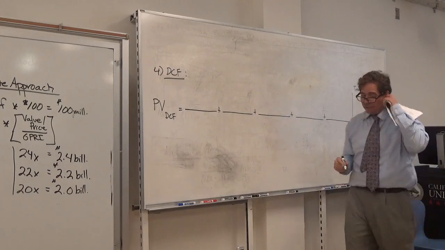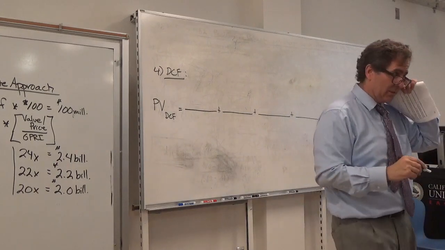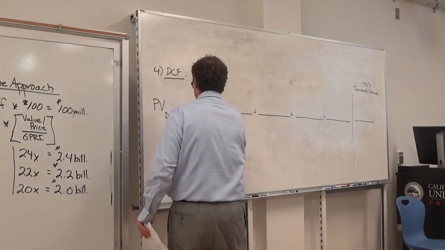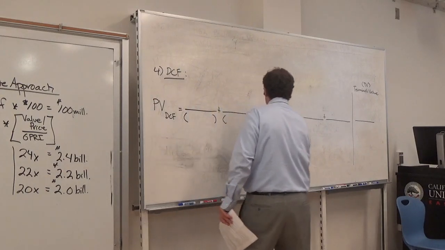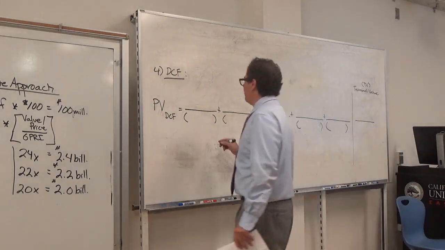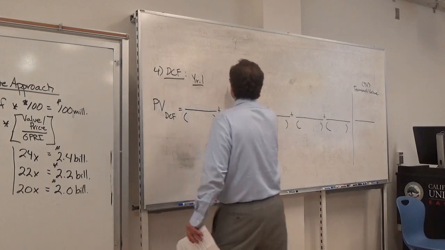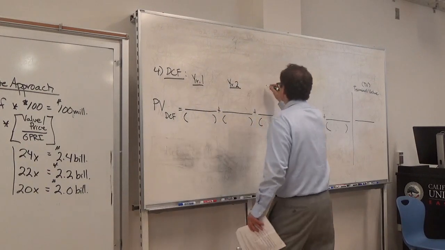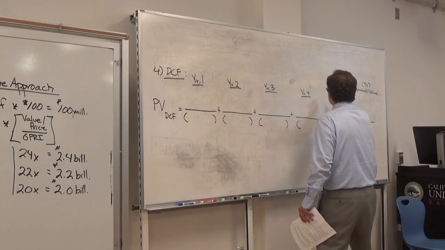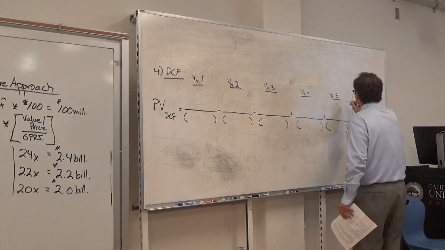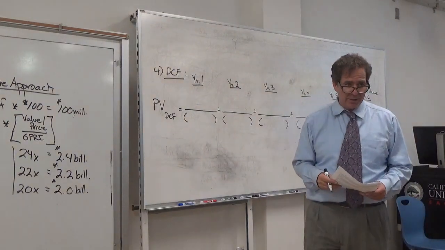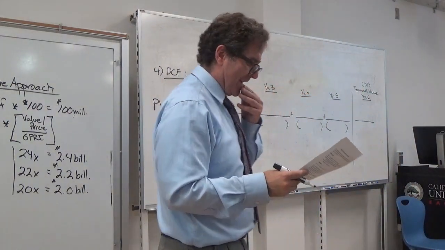Got it. Do you want to do the cash flows first, or the discount factors first? I would stick to the same methodology. And what is our expected return? 11%.